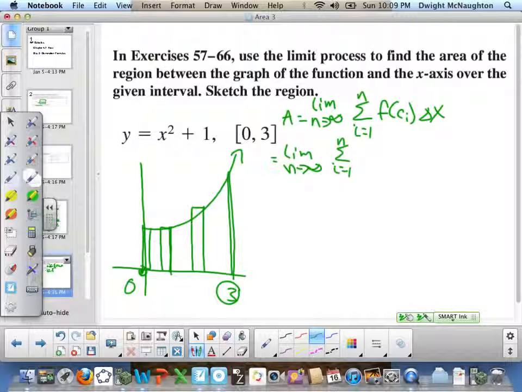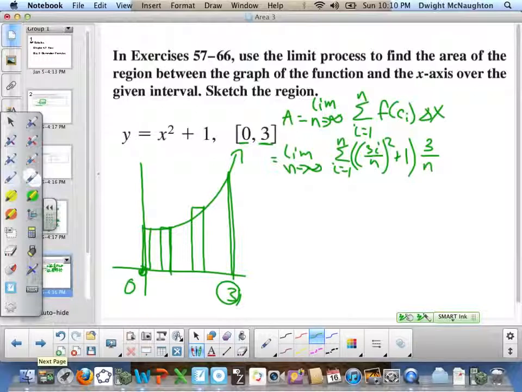So when we stick in i as 1, we'll evaluate it at 3 over n, and then 3 times 2 over n, and 3 times 3 over n, all the way up till we get to 3 times n over n, which will get us to 3. So we'll evaluate our function at 3i over n squared plus 1 times delta x, and delta x is b minus a over n. This is b, this is a, so 3 minus 0 over n.